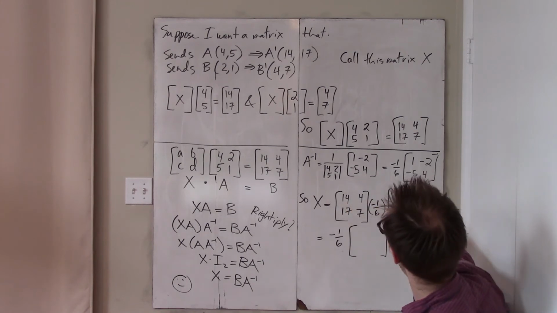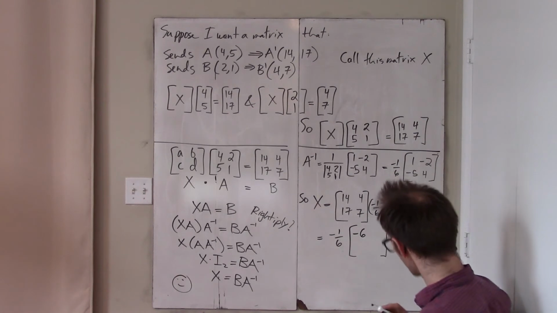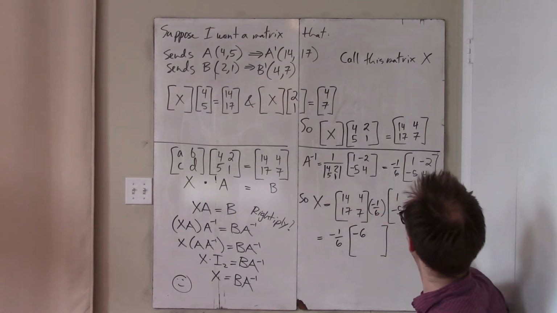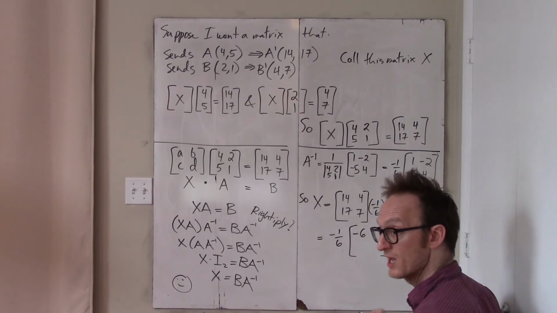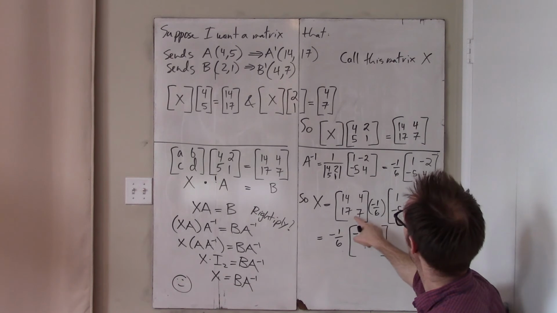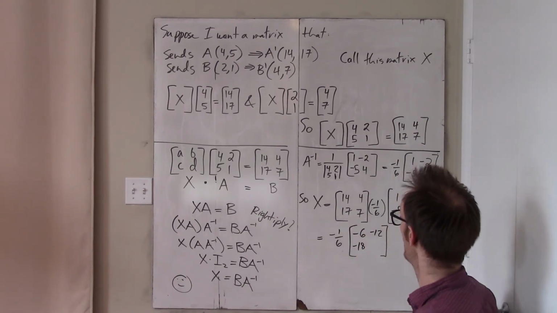So row 1, column 1, it's 14 minus 20, so it's -6. Row 1, column 2, it's -28 and 16, which is -12. Then 17 and minus 35, so it's -18.